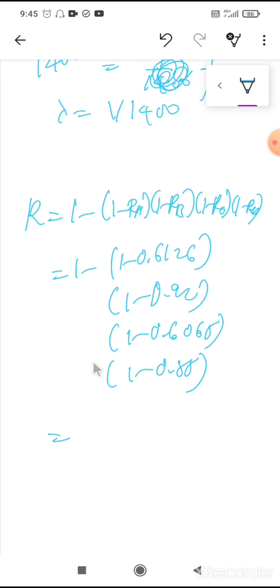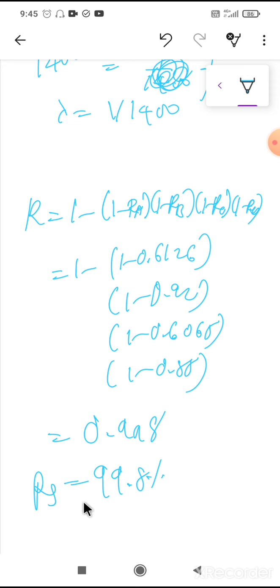So the total reliability will be equal to 0.998, so it is 99.8%. We can call it 99.8% reliability of the whole system. As you can see, in a parallel system the reliability is higher than in the series system.